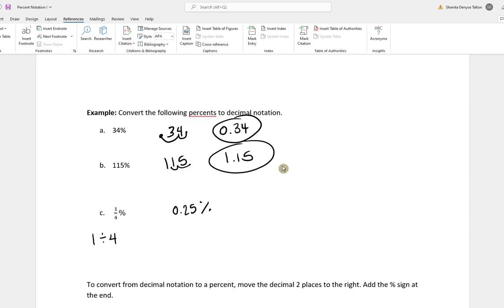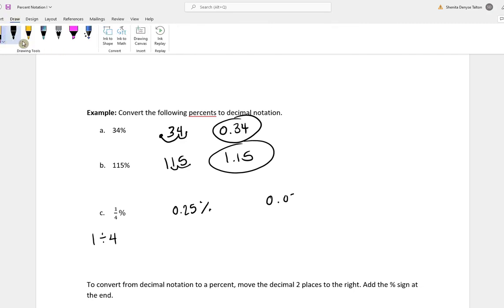To change this to a decimal, even though it's already in decimal form, you still need to move the decimal over. So we're going to drop the percent sign and move this decimal 2 places to the left. I need some zeros here as placeholders, in order for me to move the decimal. So I move it over twice. I get 0.0025.